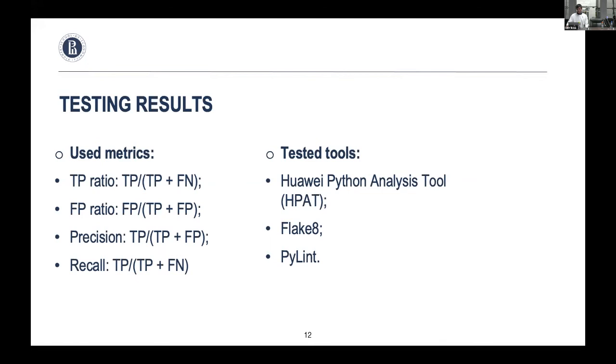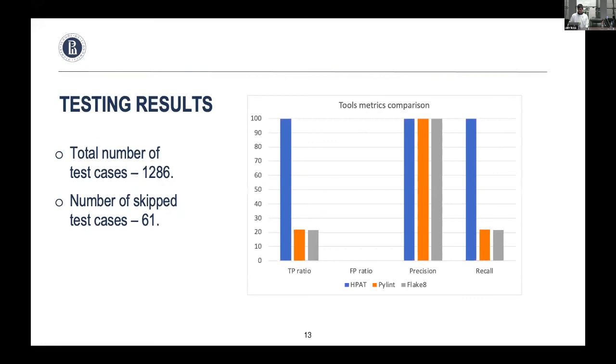The tested tools: the first one is the Huawei Python analysis tool, which is developed by me and my colleagues. The second one is Flake8, and the last one is PyLint. We ran those static analysis tools on our test suite.